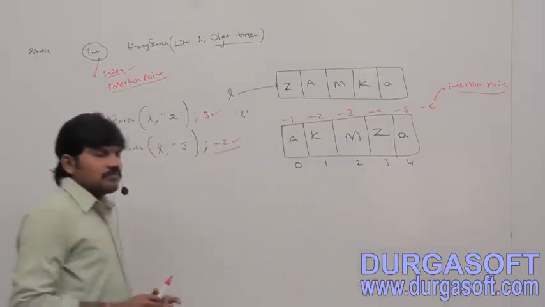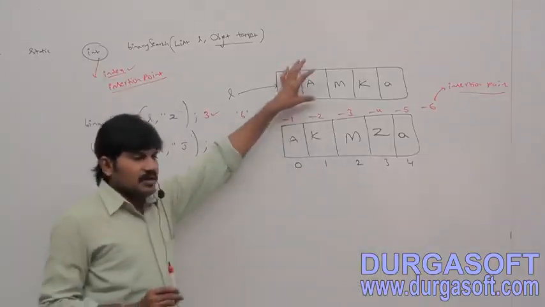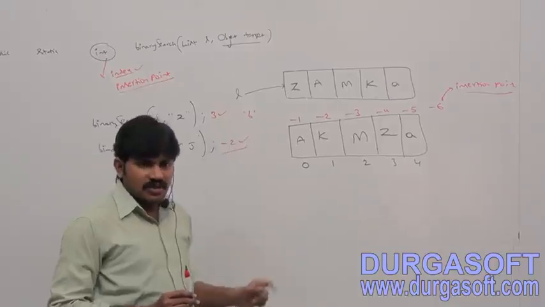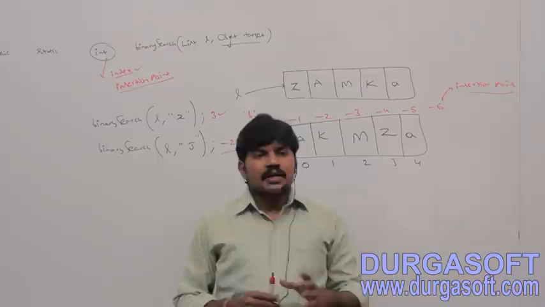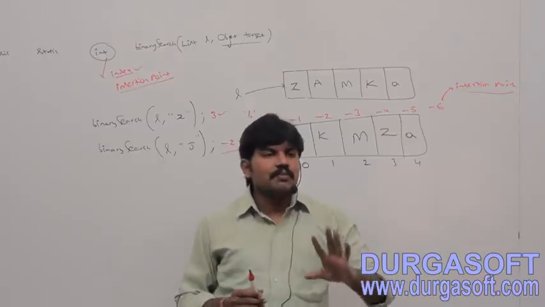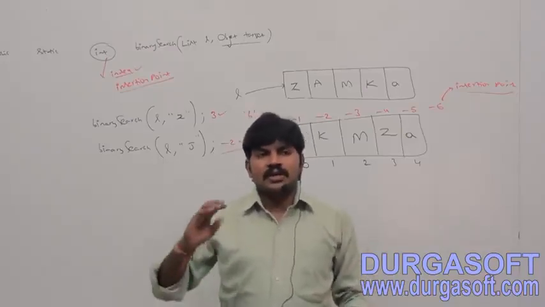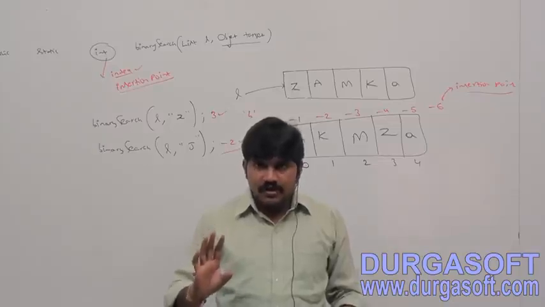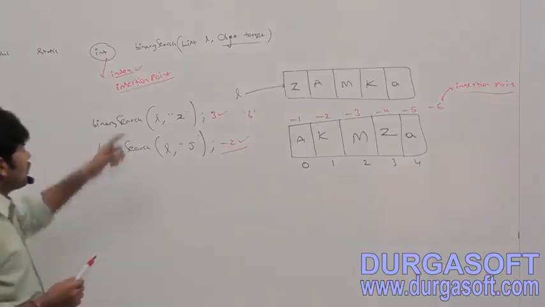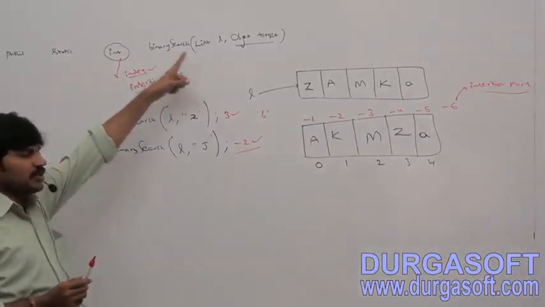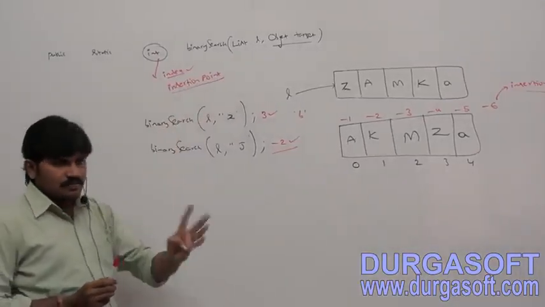Okay, say, sir, I didn't sort. Sir, I didn't sort, but still I am calling the binary search method. We will get unexpected results. We won't get any compile time or runtime errors, but simply we will get unexpected results. Is it clear for all of you? Right? So first point: internally the binary search method uses the binary search algorithm.